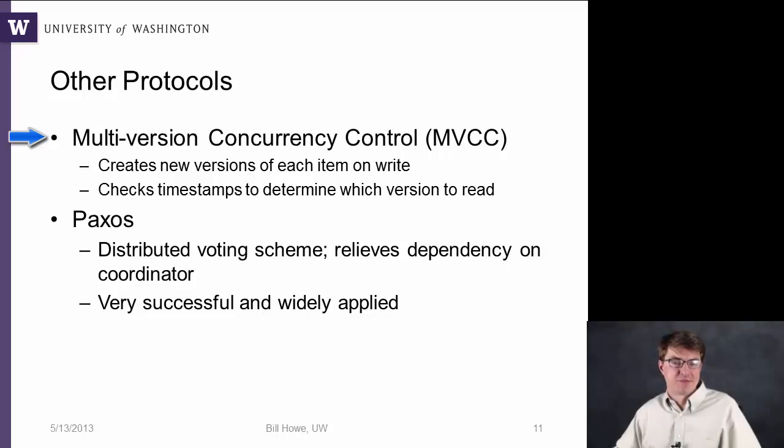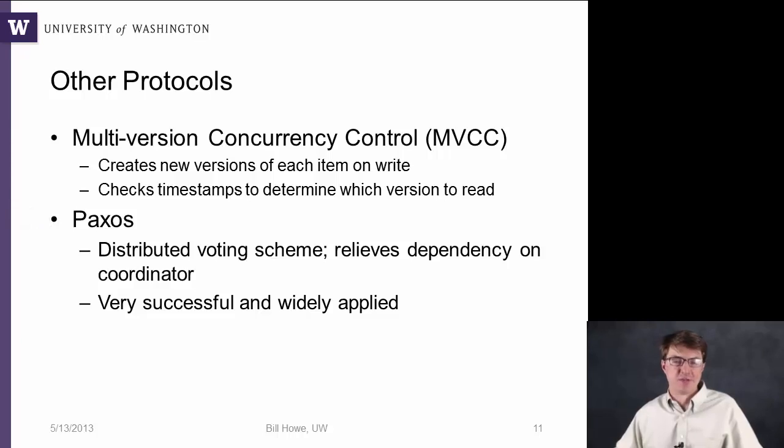That mechanism still has a dependency on a coordinator role to administer timestamps. A fully distributed scheme where the decision to go forward with the transaction or to abort a transaction is made through a voting scheme among peers is Paxos, and Paxos is very successful and very widely applied, and you'll see it mentioned in some of the NoSQL papers if you take the time to read them, and they're on the reading list.